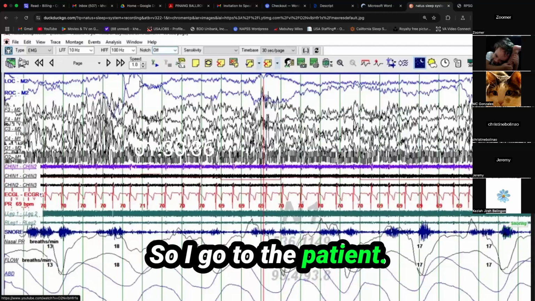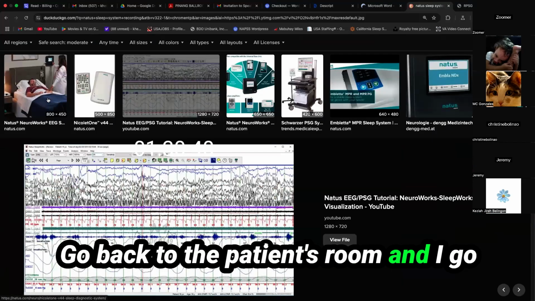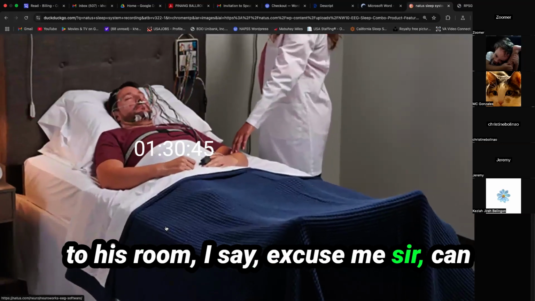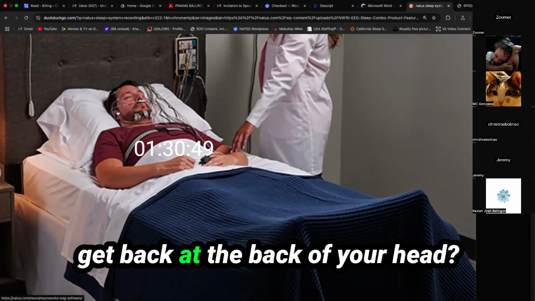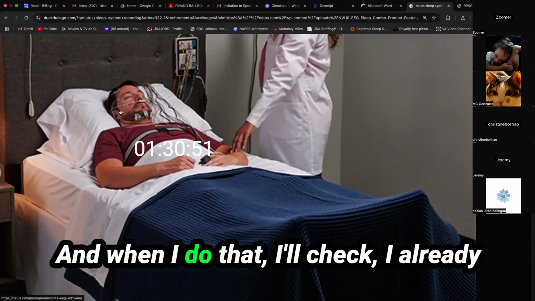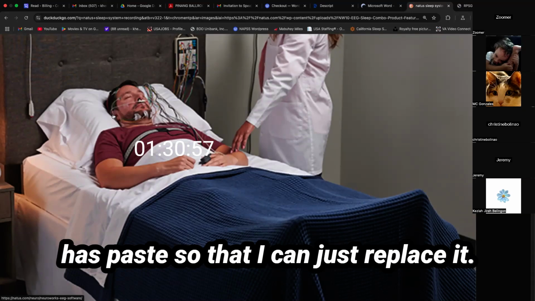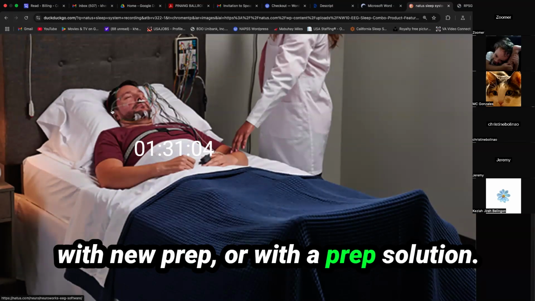So I go back to the patient's room and I say, "Excuse me, sir, can you turn to your right or left so I can get to the back of your head?" And when I do that, I'll check. I will already bring another electrode that already has paste so that I can just replace it. I will already hold a Q-tip with the prep solution.